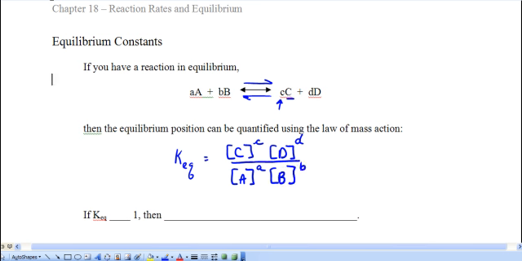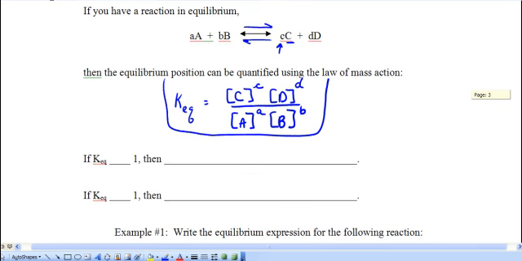Now, unlike kinetics, where these exponents must be determined experimentally and do not necessarily correspond to the coefficients, when you're dealing with equilibrium, it does. From the balanced equation, you can write the law of mass action, and this is what it looks like. You're going to be able to have that equation written down on the back of your periodic table, and you will be able to use it on the tests and on the quizzes.